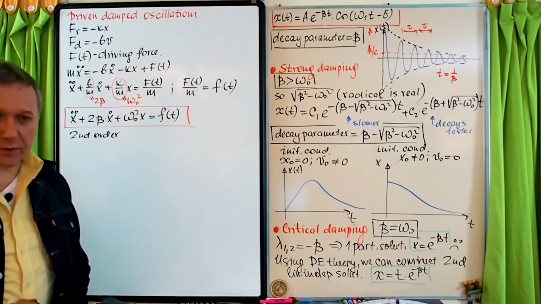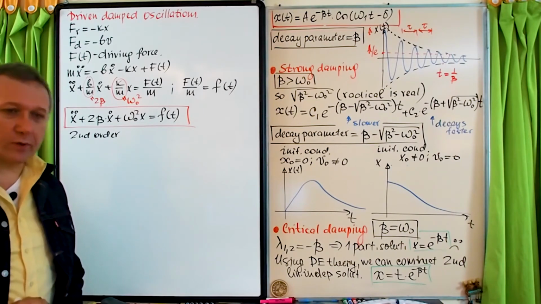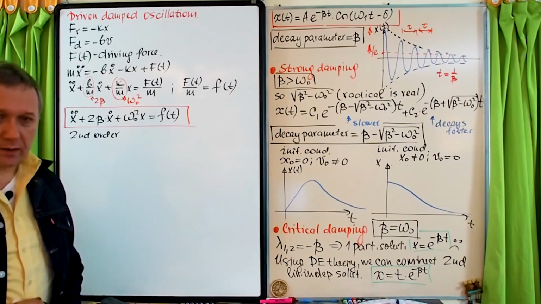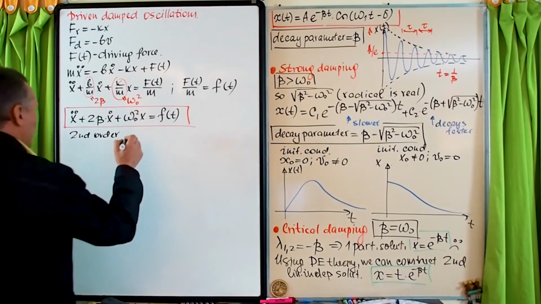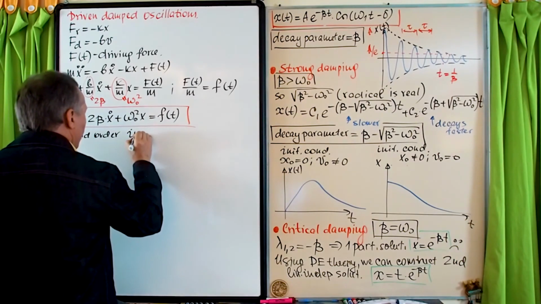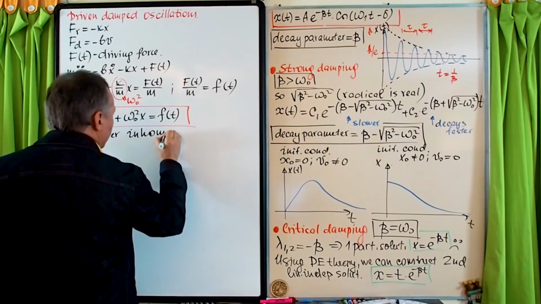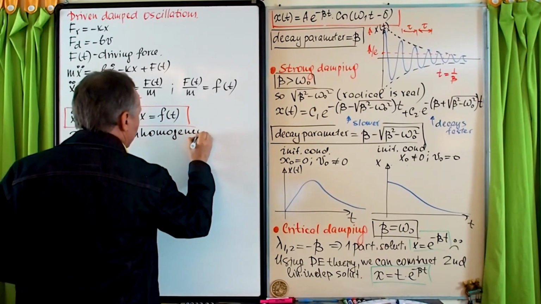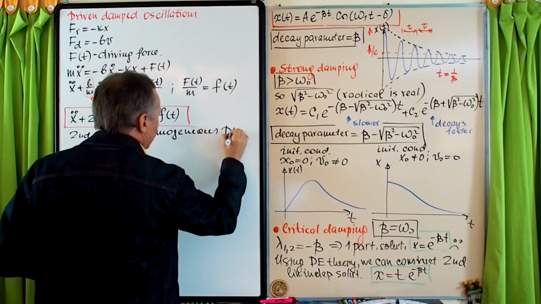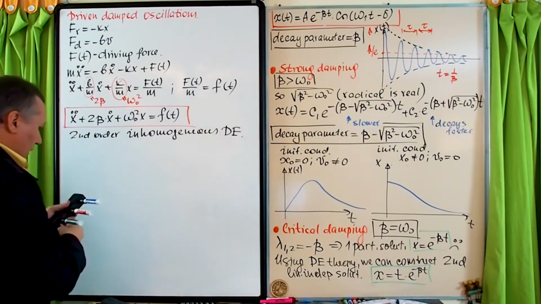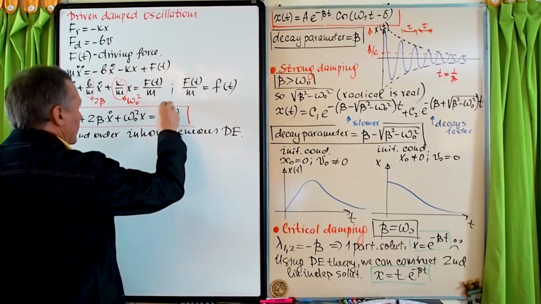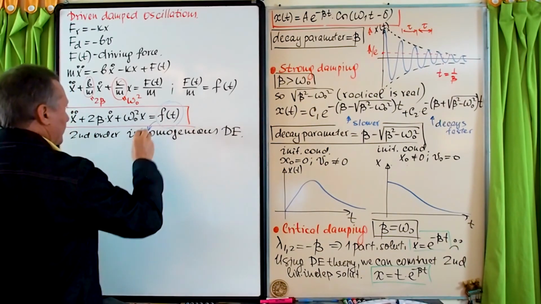So that's the major difference between this equation and the previous one. So, second order inhomogeneous, and the inhomogeneity is in here.